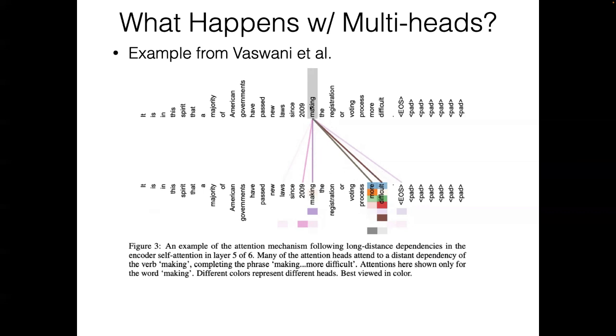And so you can see that one attention head has learned to self-attend to the current position. Another one has learned to attend to more and difficult. And then you can have these multiple positions where you have high attention scores, and then they're combined by the transformer to make the final output.